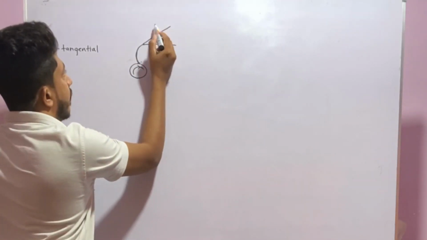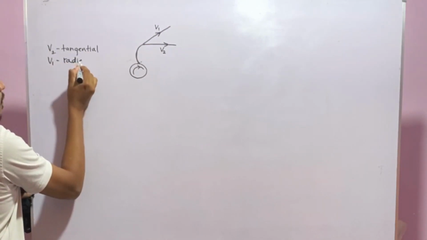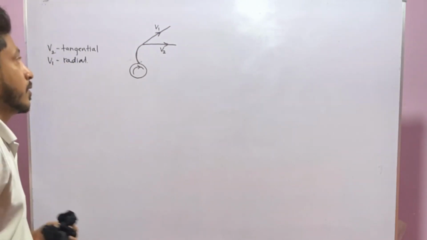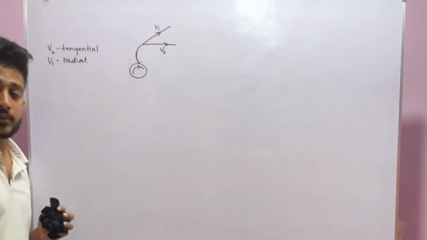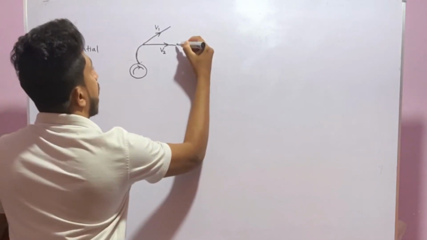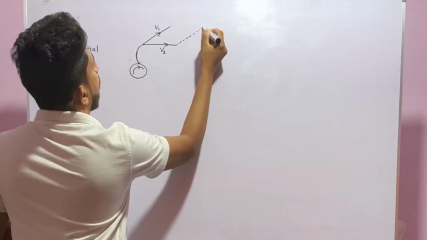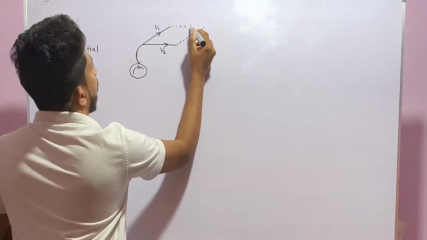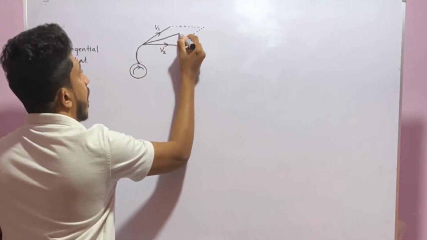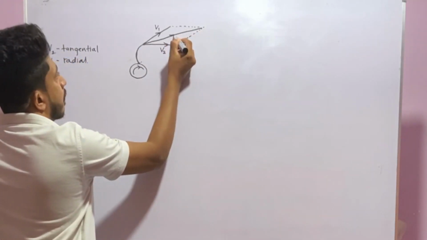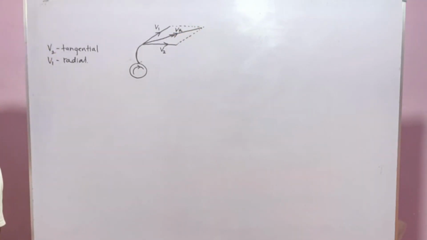So let's call it V1. It is the radial velocity. So we have two velocities for the air particle. Let's take the resultant velocity. For that, I can draw this figure, and from this line I can take the resultant velocity. This is the resultant velocity.